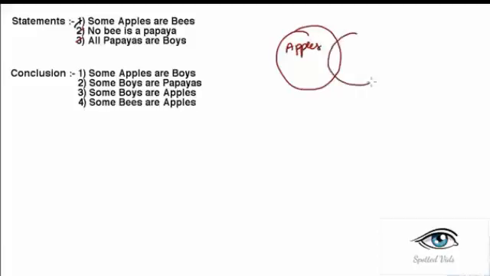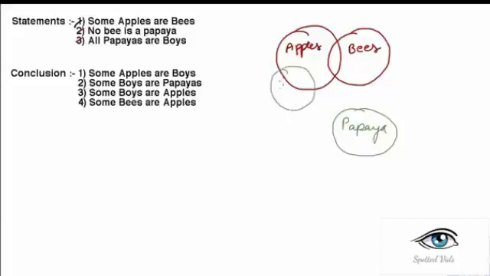Some of the apples are bees. Then no bee is a papaya. Here goes a papaya. Papaya can be here or the papaya can be here. The papaya circle can be anywhere except this bee's circle.